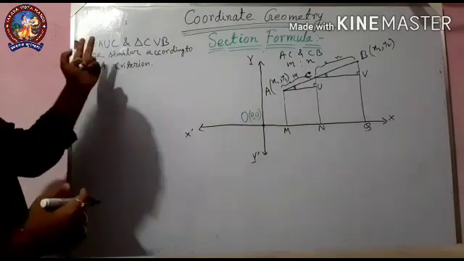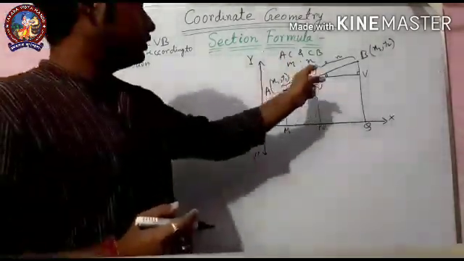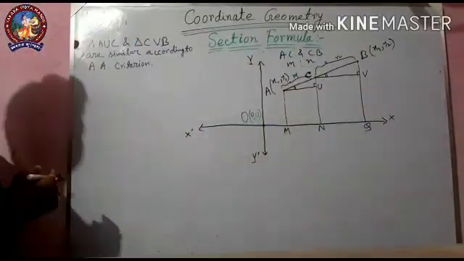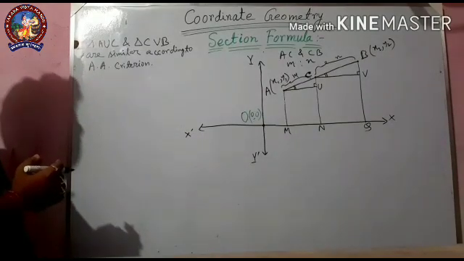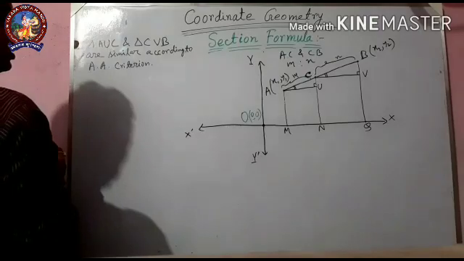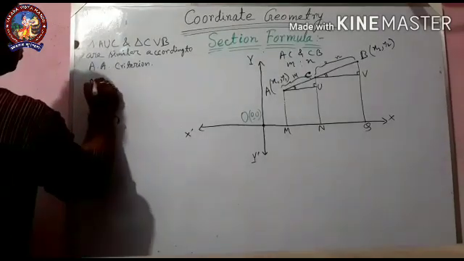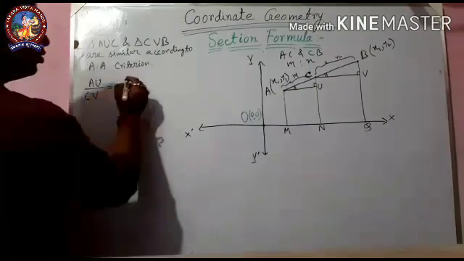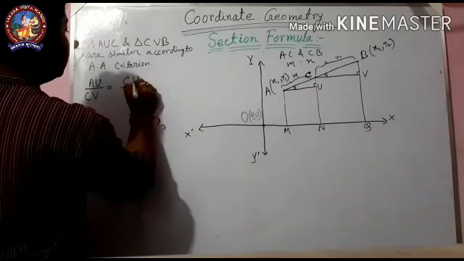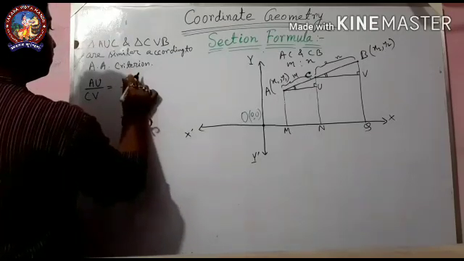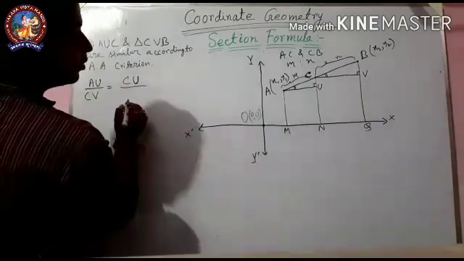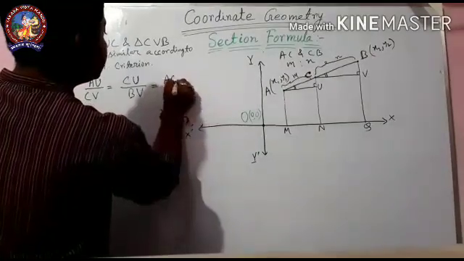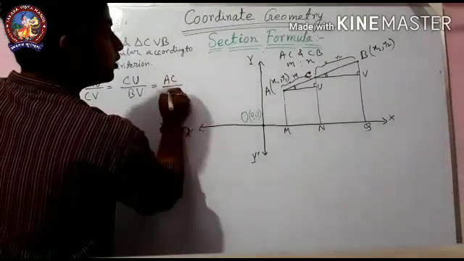Now, since these two triangles AUC and CVB are similar, the ratio of their corresponding sides will be equal. That means AU by CV equals CU by BV equals AC by CB.